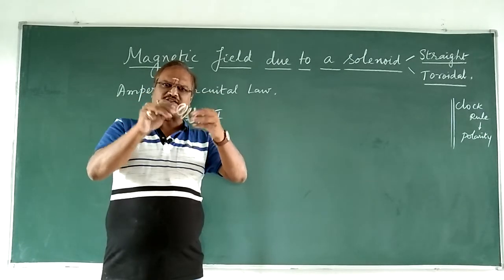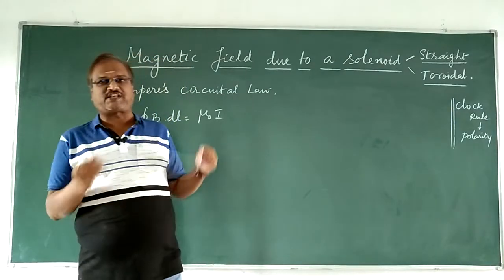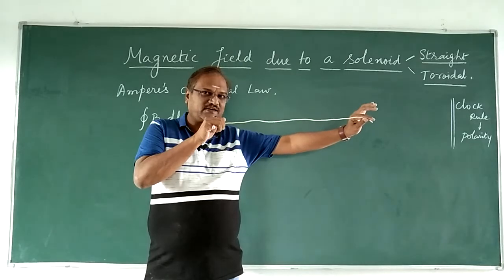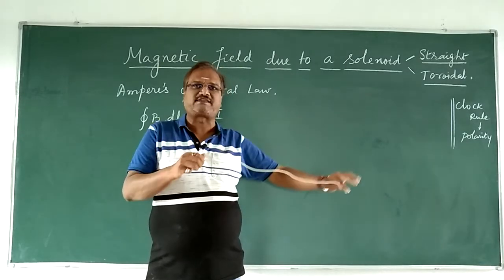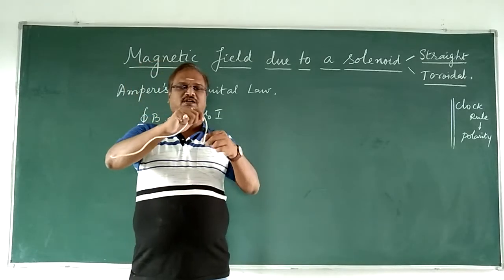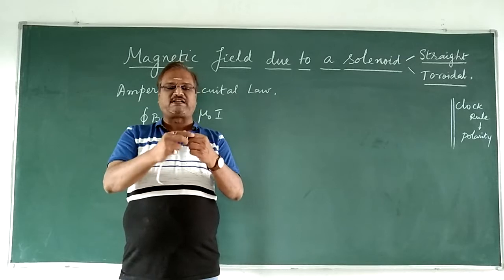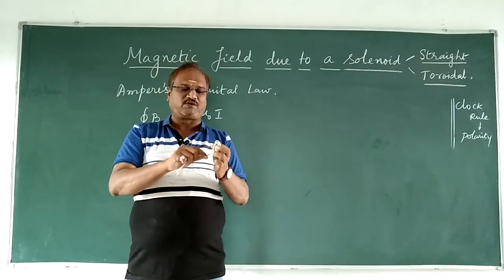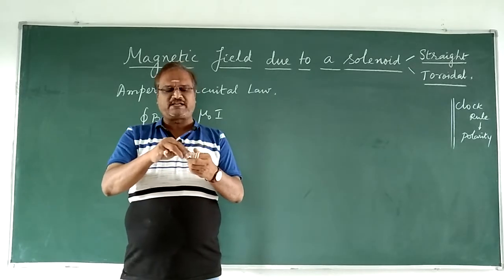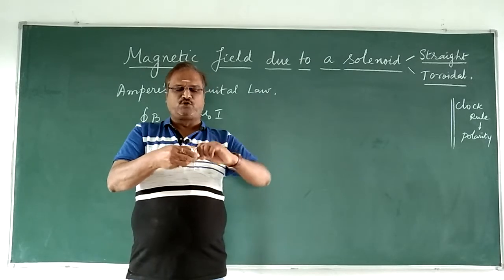A solenoid is nothing but a straight wire. But in electronic circuits, you cannot connect a long wire. It will occupy more space. So what we do, we make it into a compact form. For compact form, we make it in the form of a solenoid. A solenoid is a straight wire wound in the form of a cylinder in circular loops.